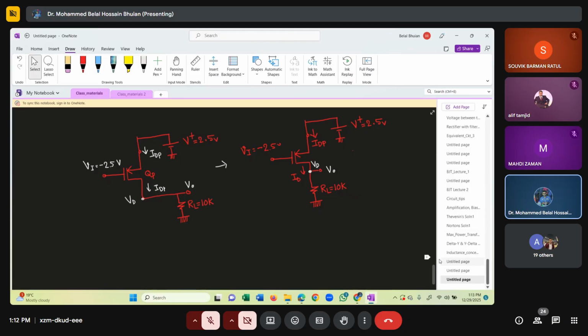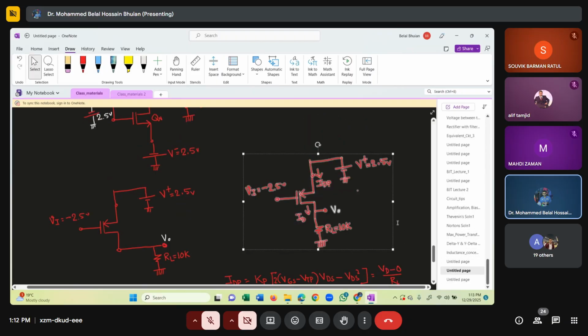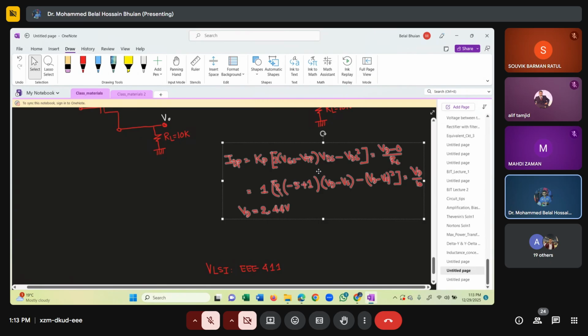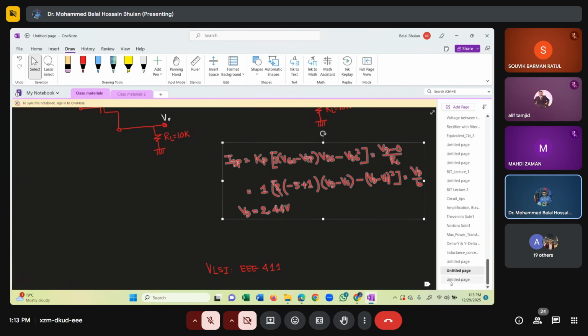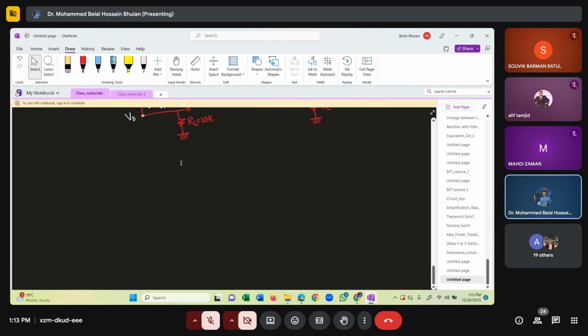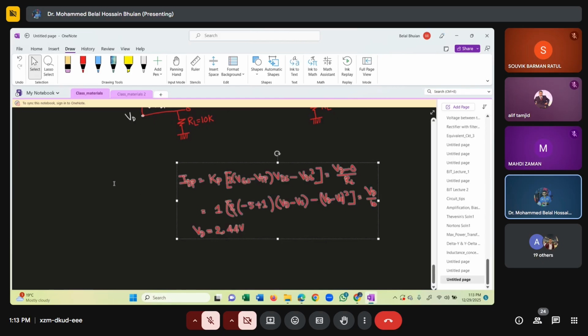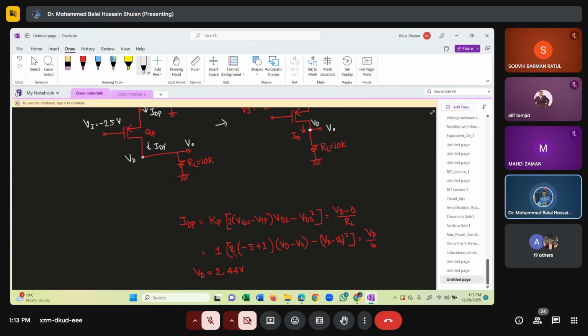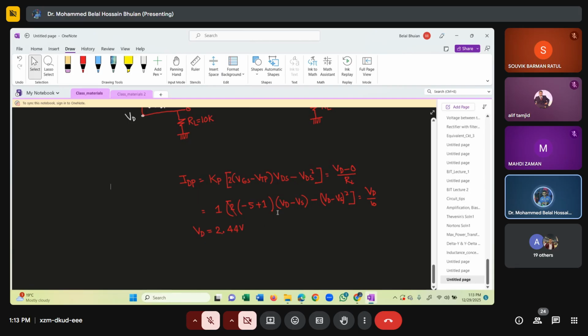Triode region. If you consider triode region, KP VGS minus VTP VDS minus VDS whole square, VD divided by RL equals VD divided by RL, and after doing all those things, we get VD is equal to 2.44.